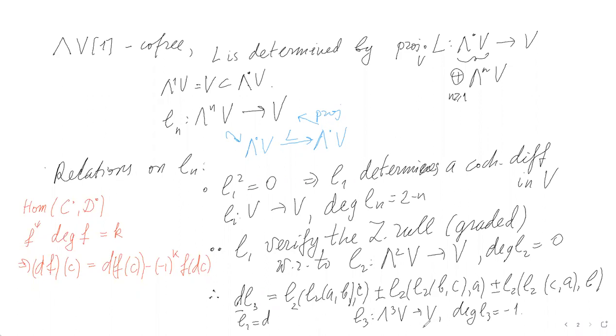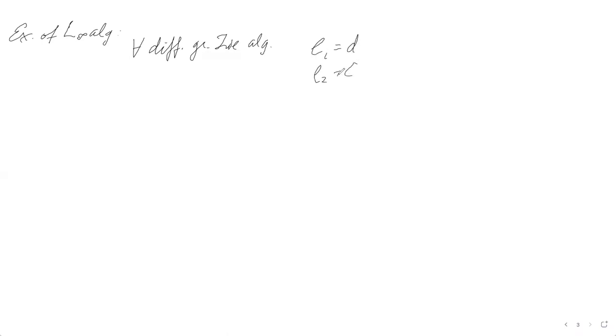I hope all this is more or less clear now. So let me proceed with the example. Some particular example of an infinity algebra, important but particular, is every differential graded Lie algebra. You just take L1 equal to d, the differential of this algebra, and L2 equal to the bracket.